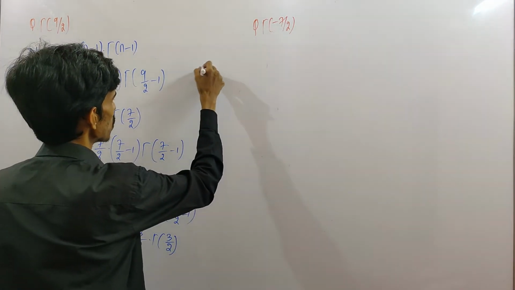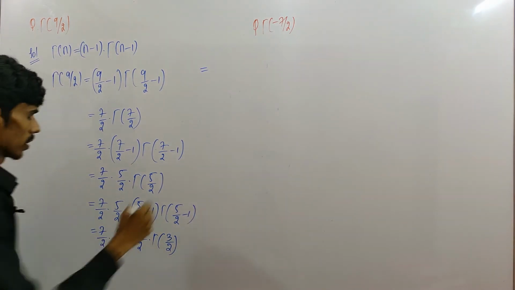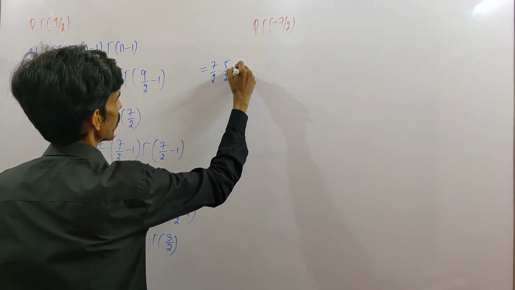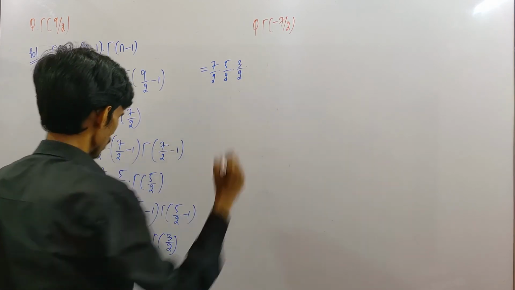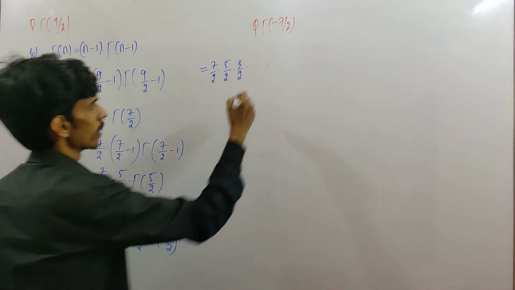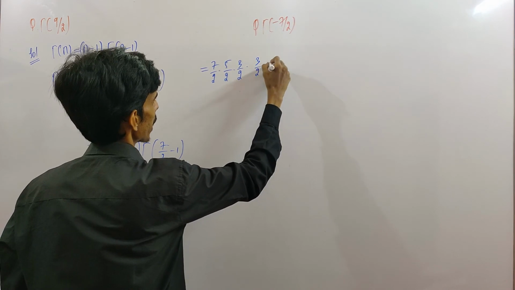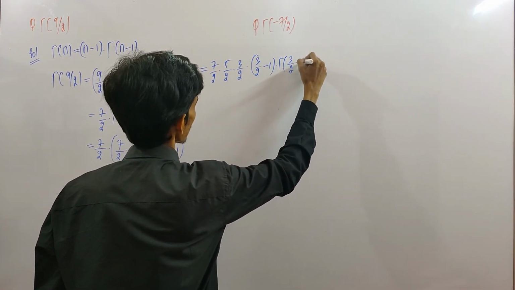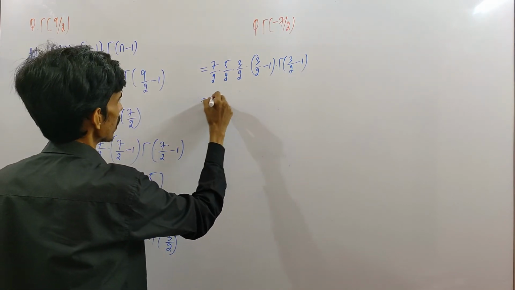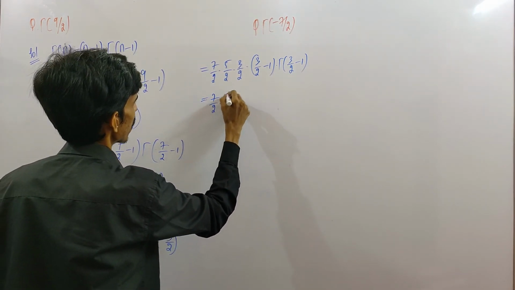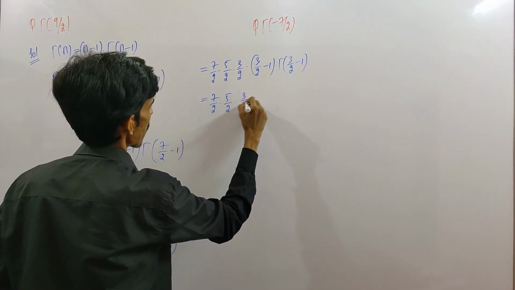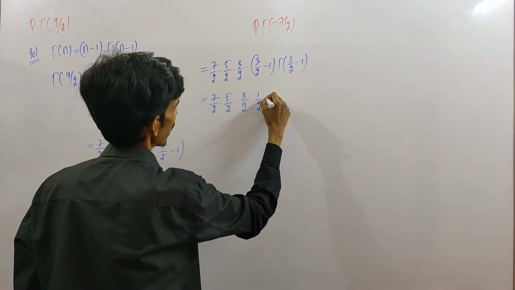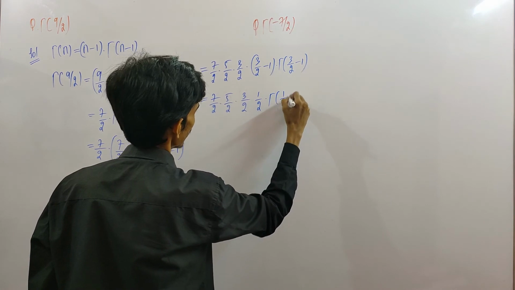That is equal to 7 by 2 into 5 by 2 into 3 by 2, again gamma of n. Gamma of 3 by 2 minus 1, 3 by 2 minus 1 we have 1 by 2 into gamma of 1 by 2.